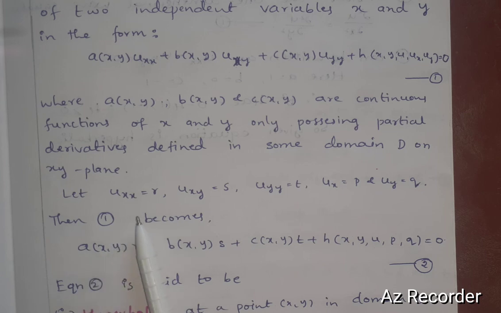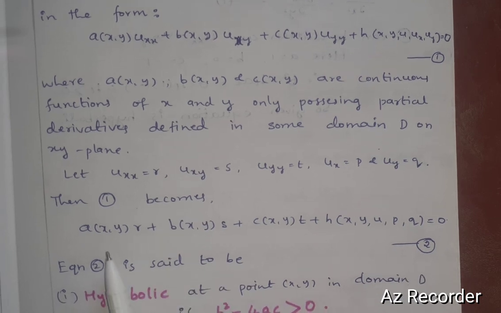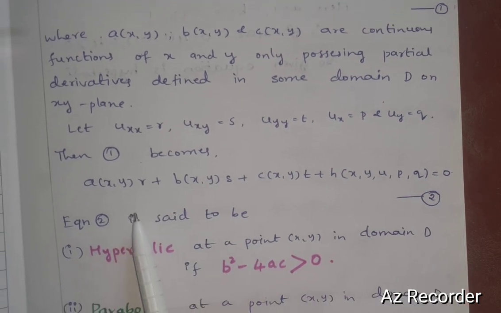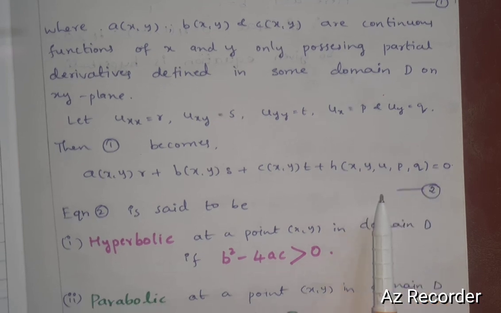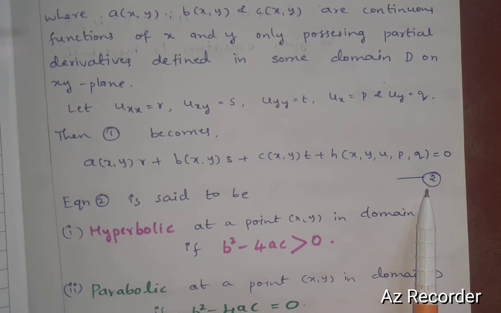So let us denote the second order derivatives uxx as r, uxy as s, uyy as t, and ux as p, uy as q. Then the given equation reduces to a(x,y) r plus b(x,y) s plus c(x,y) t plus h(x, y, u, p, q) equal to 0. So this I will call equation number 2.